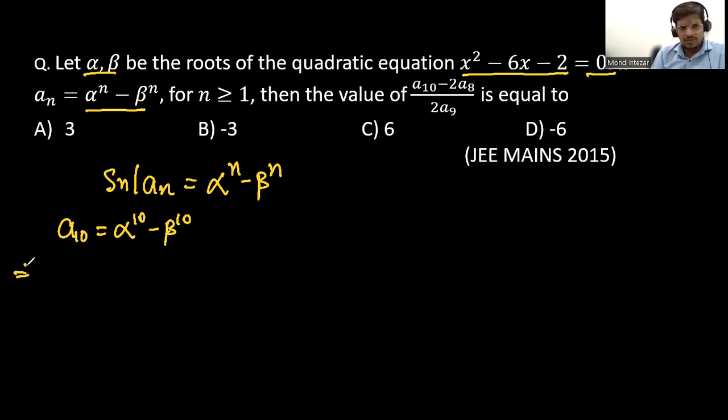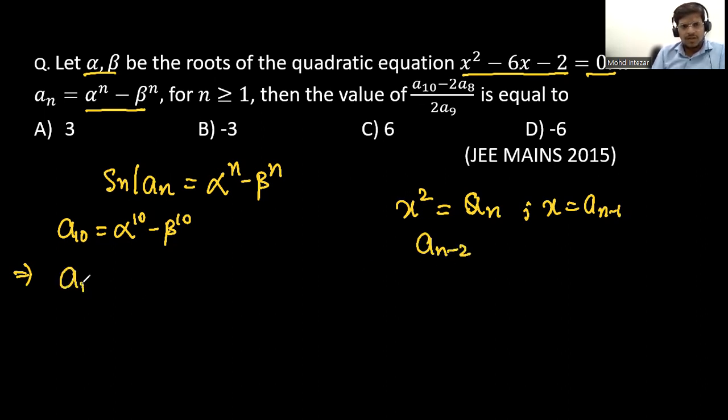In place of x square, we have to substitute An. In place of x, we have to substitute An minus 1. And in place of the constant 2, we have to substitute An minus 2. So this will be An minus 6 An minus 1 minus 2 An minus 2 equals 0.